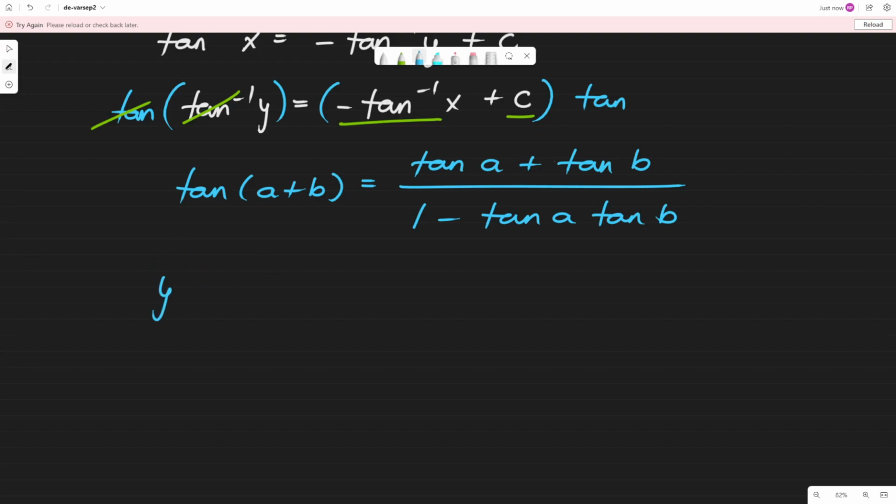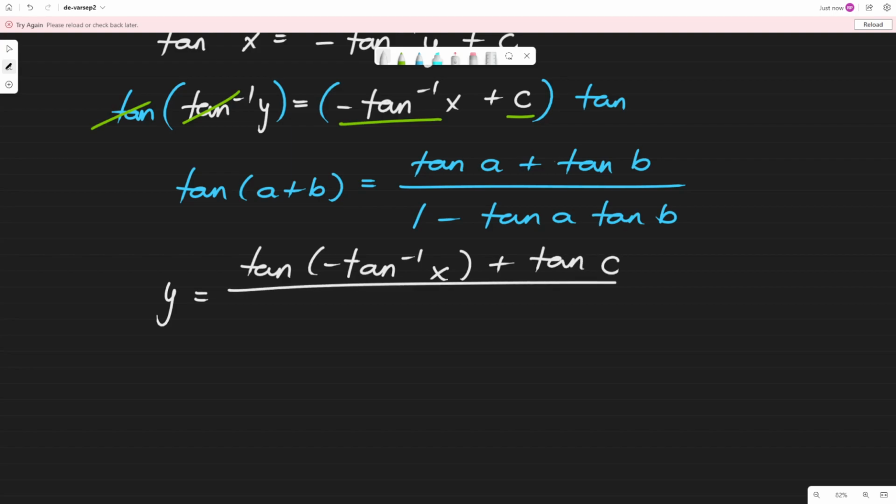So we'll have y is equal to tangent of negative arctangent of x plus tangent of c, where c is the arbitrary constant, over 1 minus tangent of negative arctangent of x times tangent of c.